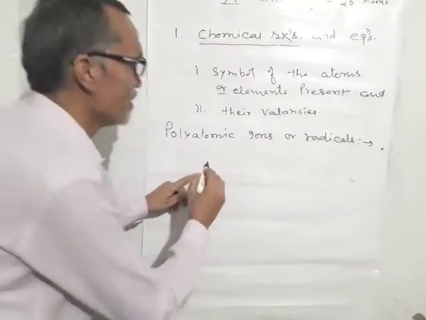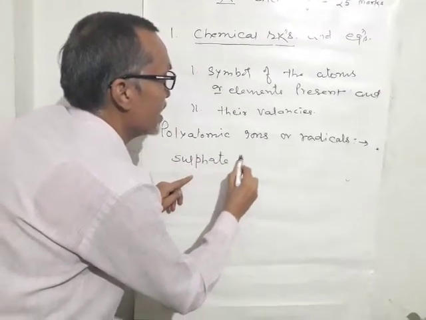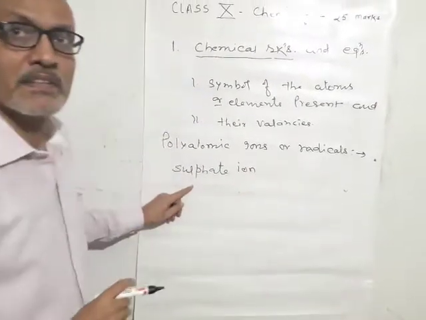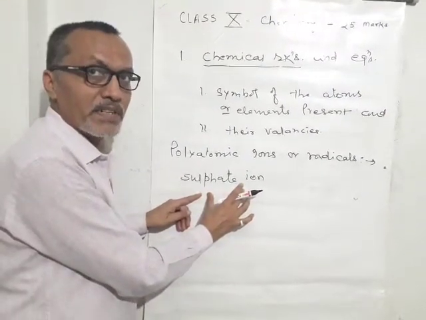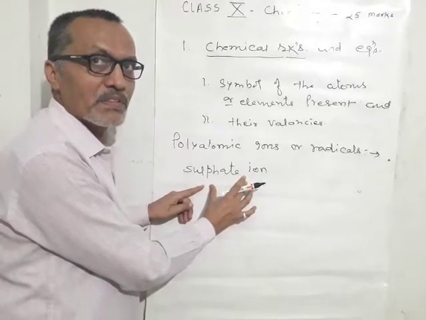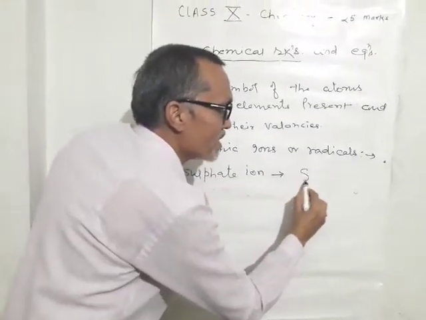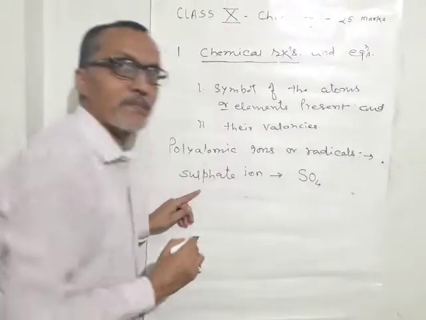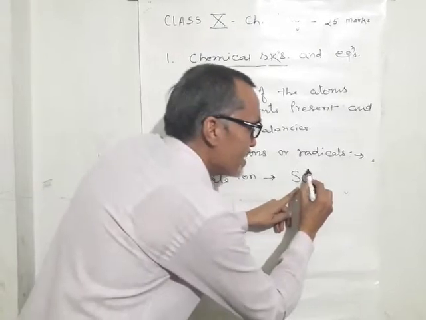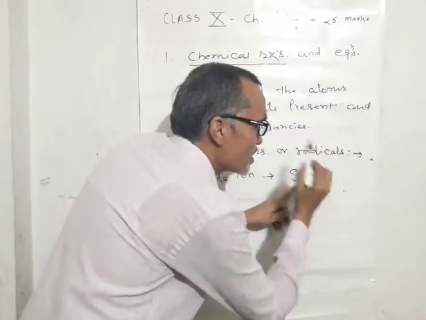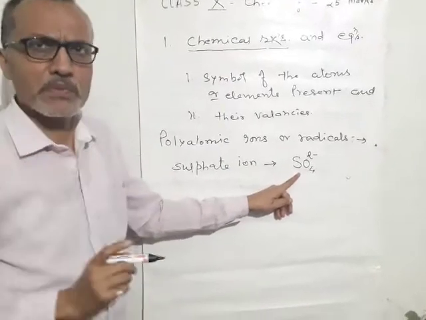For example, sulfate ion. These ions are involved in chemical compounds, and they are groups of atoms, SO4, and it has a net negative charge, which is 2 minus or -2.